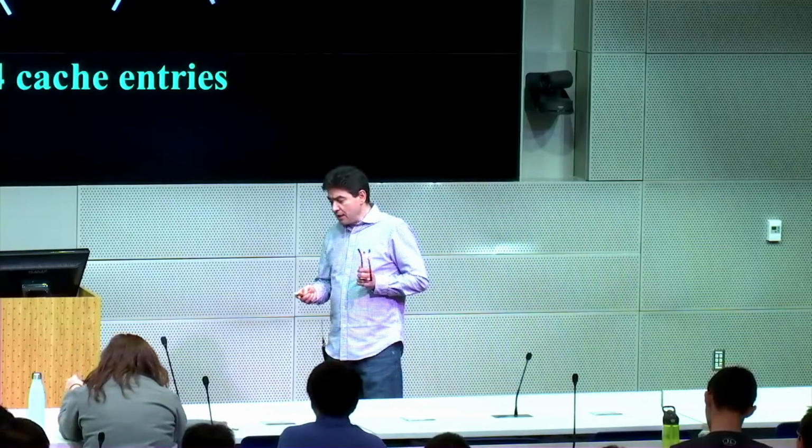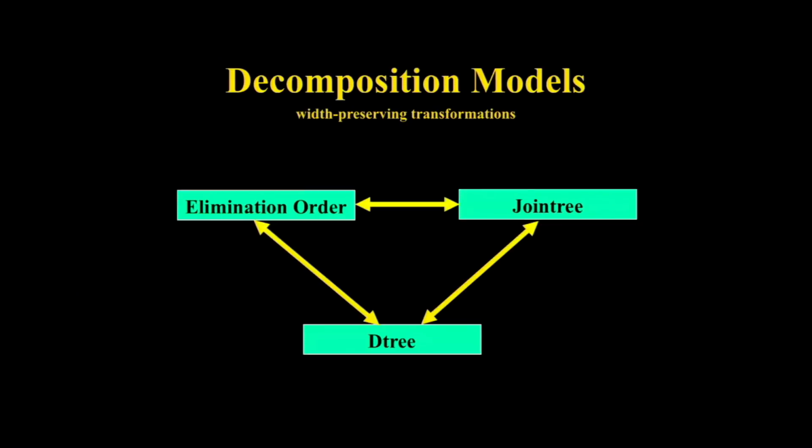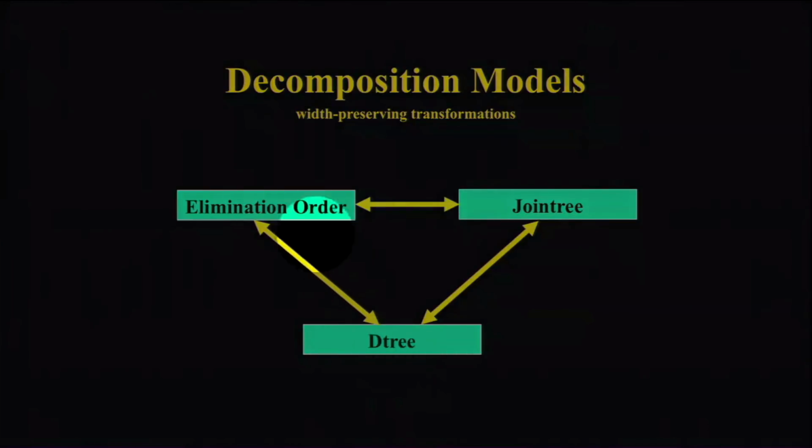Now, let me stress one more thing here, which already was coming in bits and pieces. We've talked so far about the variable elimination algorithm, and those were driven by elimination orders that have width.